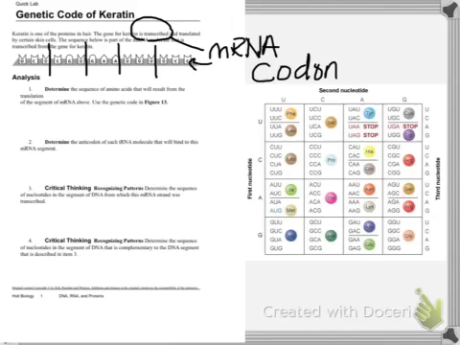So number 1 is determine the sequence of amino acids that will result from translation. So now we're translating it into the amino acids. So again, we look at every 3 bases. So U is our first one, U, C, U. Base number 1, base number 2, base number 3.